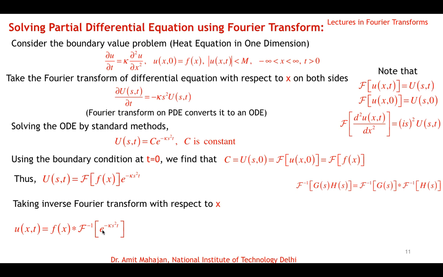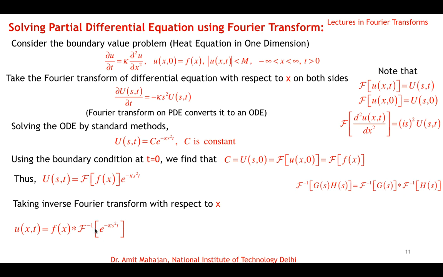And this exponential function is with s squared, so it's basically a Gaussian function. And we know the Fourier inverse of a Gaussian function. Remember, we are not doing anything with the t variable. The Fourier transform converted x to s, so the inverse transform is on s, and not on t.